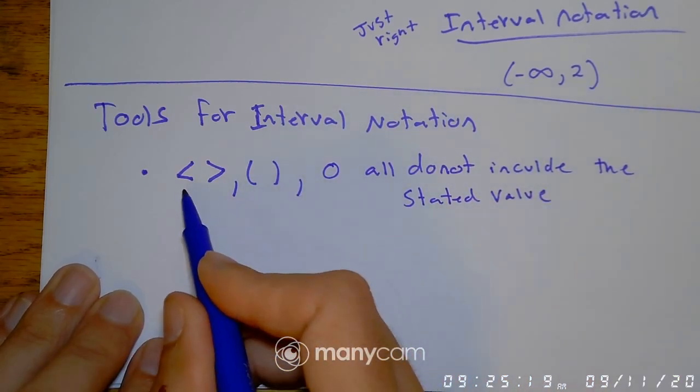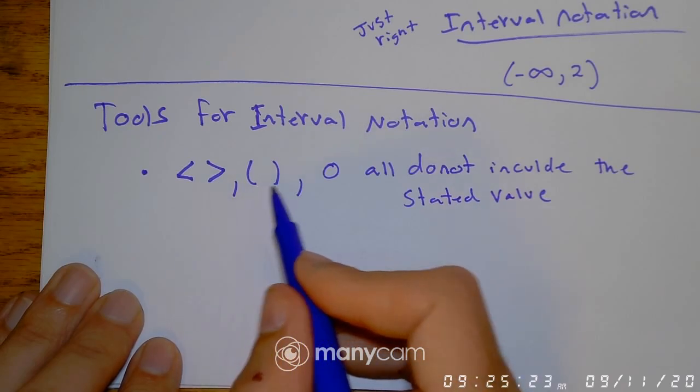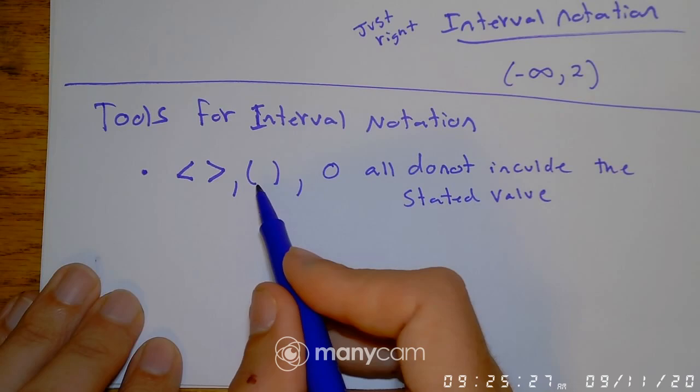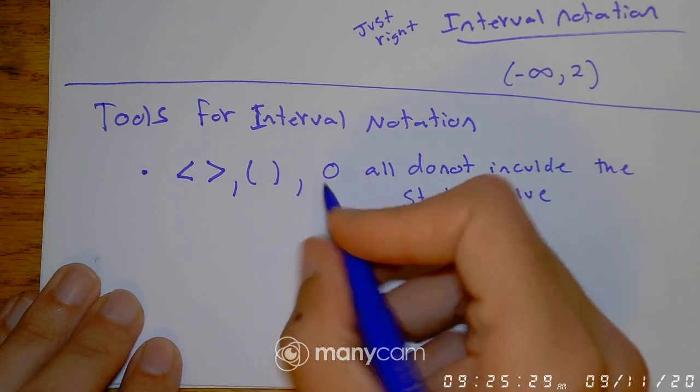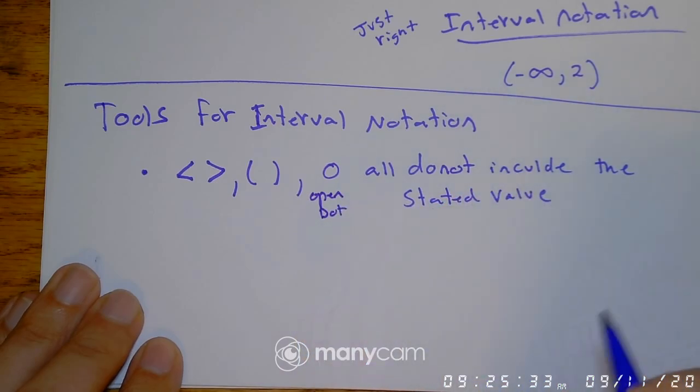Right? So this means less than or greater than. It does not include the value. The parentheses is the same thing as this. It does not include the value. And if you have an open dot, it does not include the value.